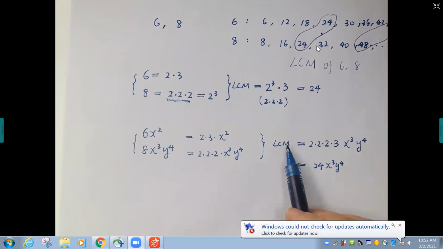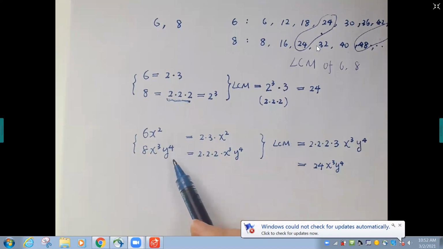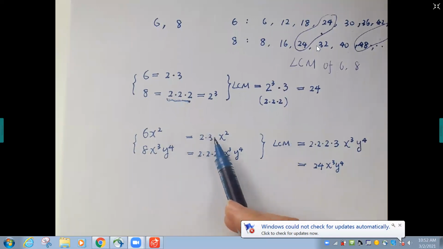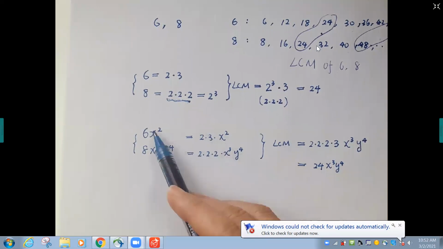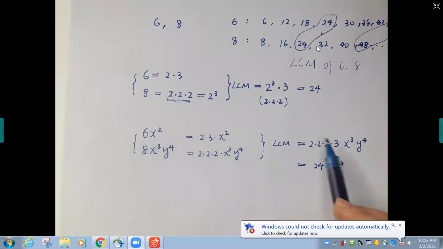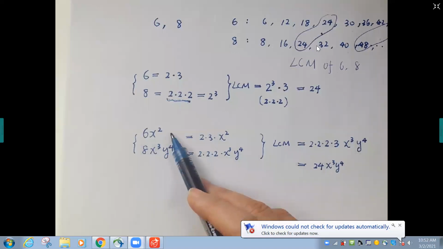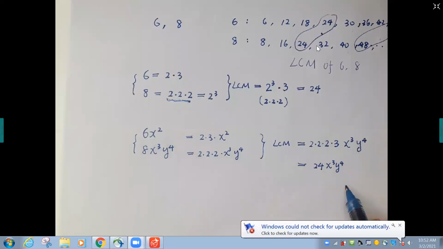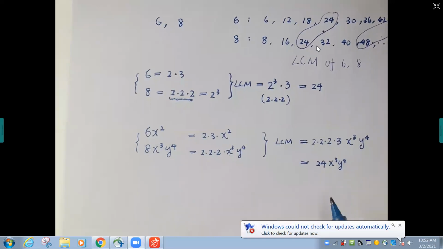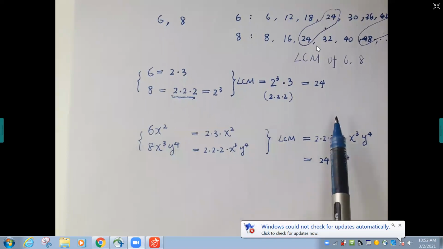For the LCM of monomials, we look for the LCM of their coefficients, and then for the variable part, we use every variable with the largest exponent. 2, 3, we use 3. For y, there is no y in one, so I use the 4. Done. This is the LCM of monomials.